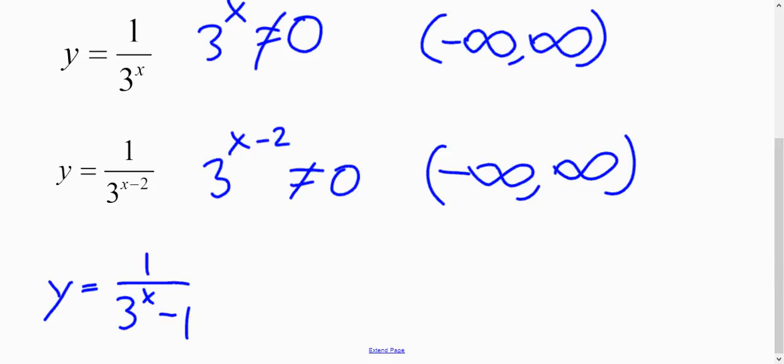Now this last one in blue is different, and you will see one like this in your homework. Again, remember the denominator is not allowed to equal 0. So that means 3 to the x minus 1 is not allowed to equal 0.